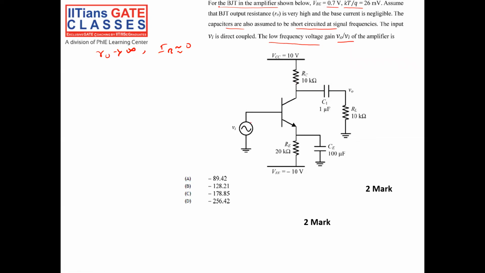actually is, when Vin is not applied, in DC, the capacitor is open, this also open, right? In DC, the capacitors C1 and CE are open. So when Vin is equal to 0, not applied, C1 and CE are open, right?